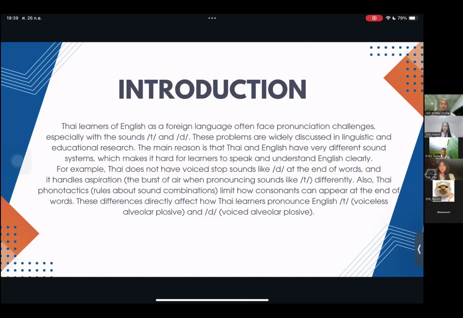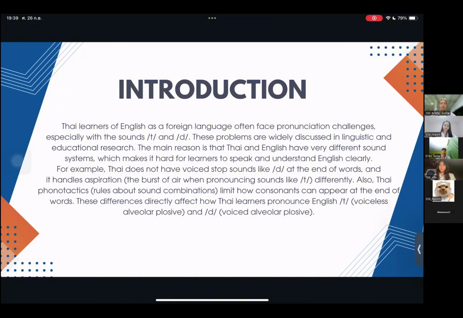For example, Thai learners often leave T unreleased, so "hat" may sound like "huh." They also reduce clusters, so "text" may lose the final T. Studies confirmed this. Sumisu 2011 showed Thai speakers produced English T inconsistently with different voice onset times.